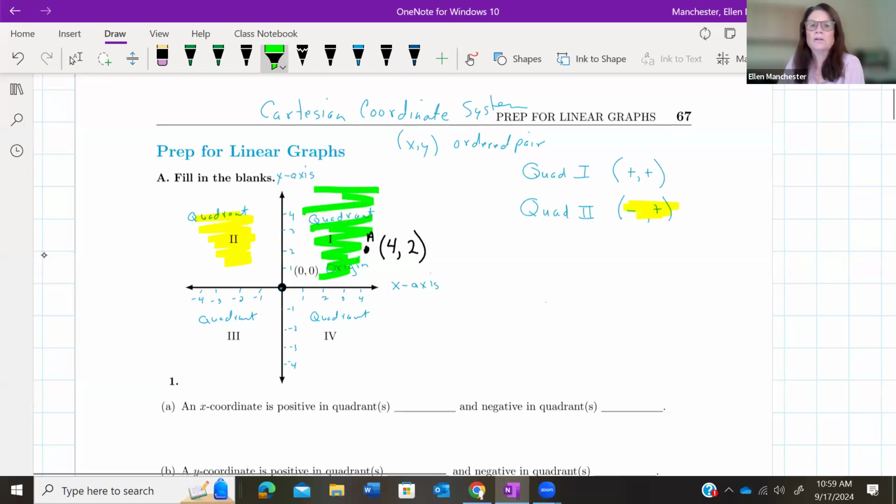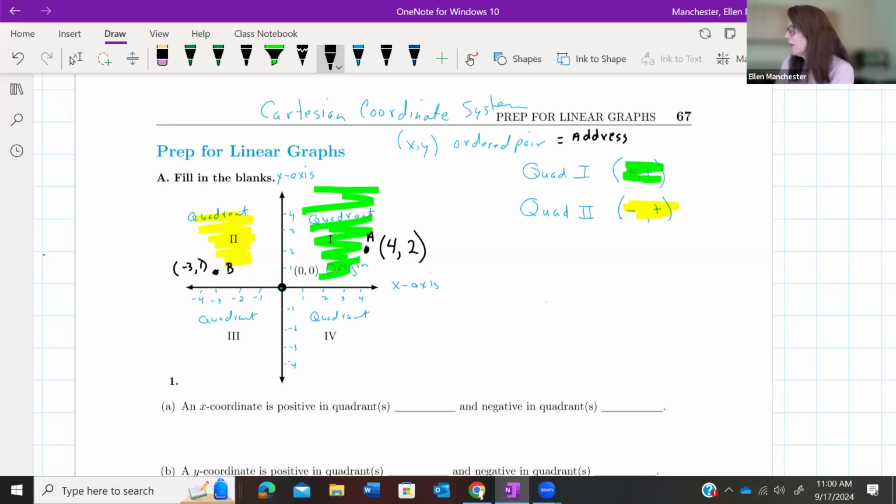If you had a point right here, and we call this point B, what would be the value of point B? Yeah, -3, +1. I call these ordered pairs; you can also call them the address, because it tells you exactly where the points lie.